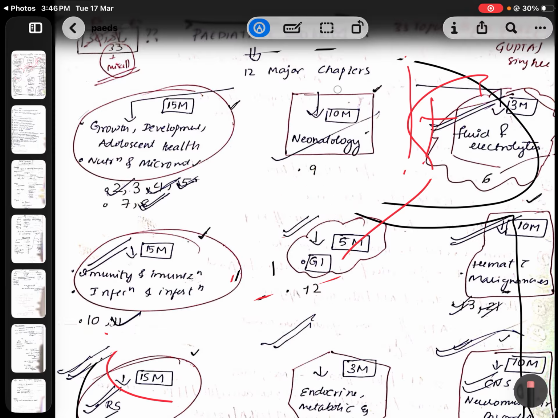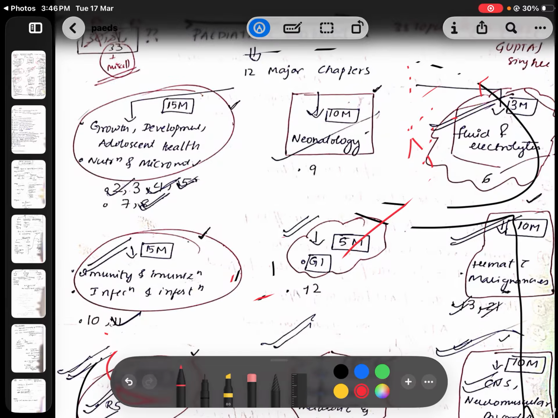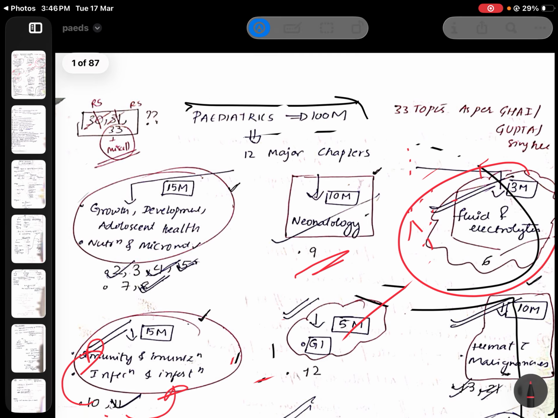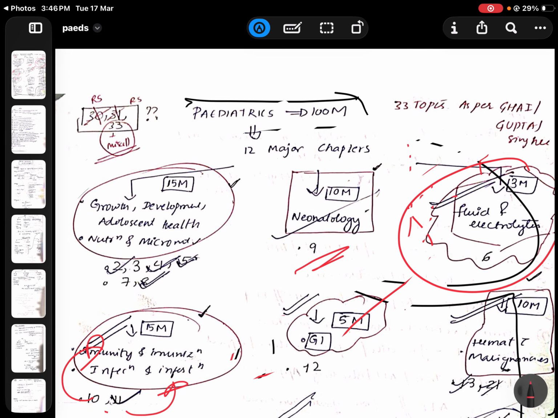Growth and development and these come under chapter 2, 3, 4, 5, and chapters 7 and 8. Neonatology is under chapter 9, immunity and immunization is under chapter 10, and infection and infestation is under chapter 11.